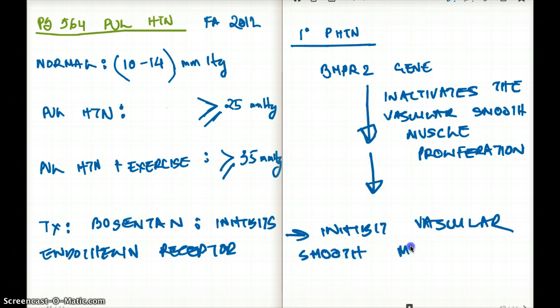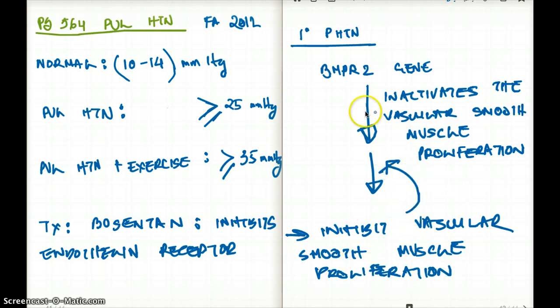Now, this endothelin receptor blocker can be given in primary and secondary, but you can see how exactly it's going to inhibit the proliferation. The job that was to be done by the BMPR2 gene, now bosentan is going to do that job. Anyway, so that is primary pulmonary hypertension.